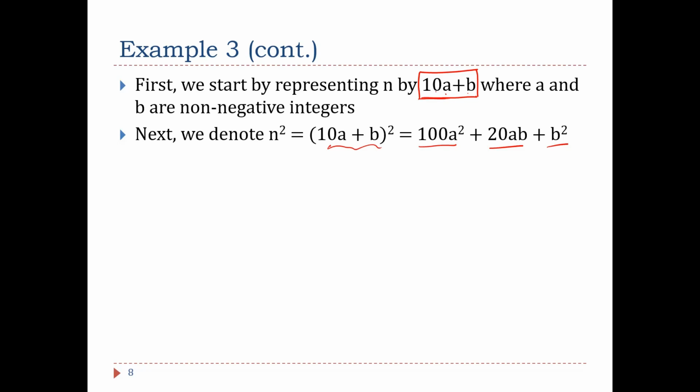If you think about it furthermore, you see that the only term that influences the value in the rightmost digit is b squared, because 100a squared is 10 times 10a squared, so it cannot.